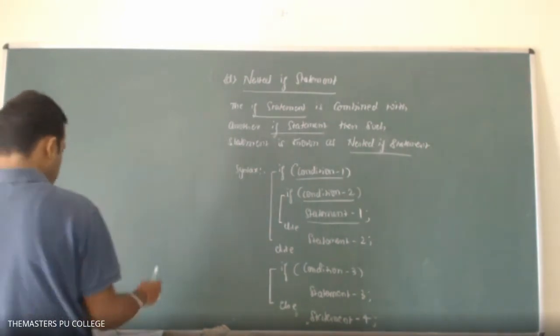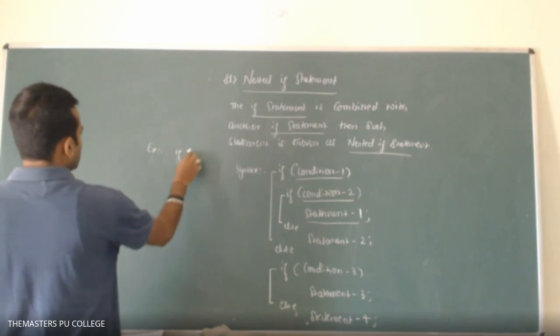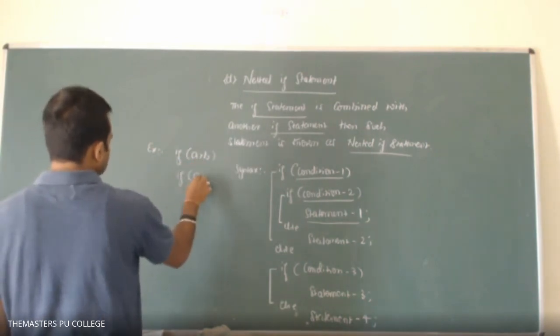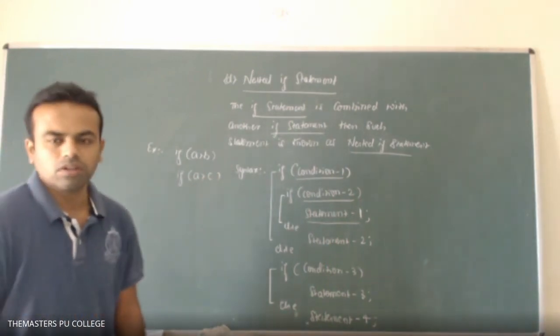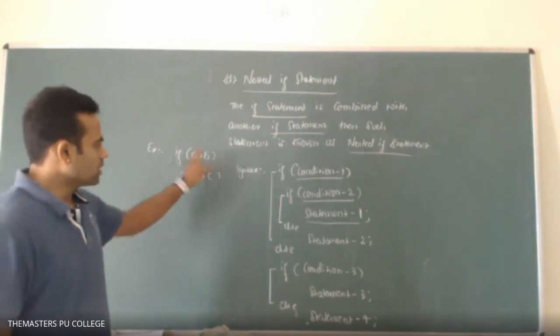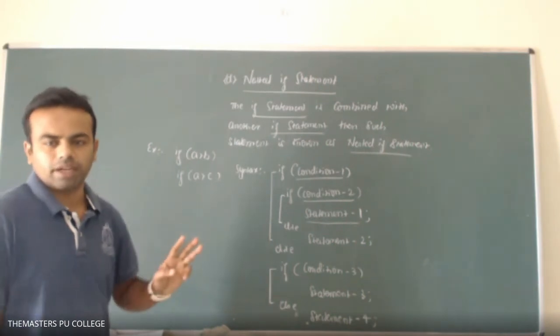Here, an example. If a is greater than b, if a is greater than c, so then what statement will be executed here? If a is greater than b and a is greater than c. Biggest of three numbers we are calculating.